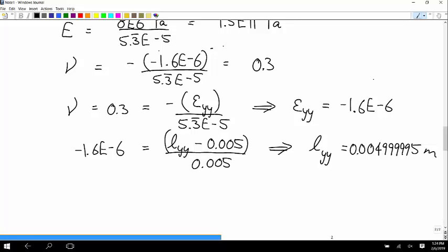So if we would have measured that direction, that's what we would have gotten. If it's isotropic, that has to be the case. And then that's it. And then you can use those values in the compliance matrix and then figure out the strains if you know the stresses at a point.